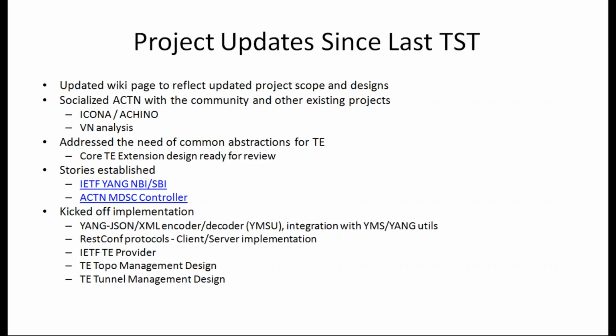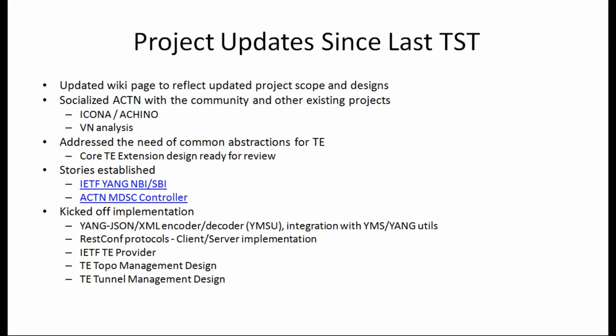And from the current analysis, it looks like ICONA is focused as a southbound provider, which currently focuses on the layer 2, layer 3 network. It actually complements what we are doing in ACTN, which is TE-based.